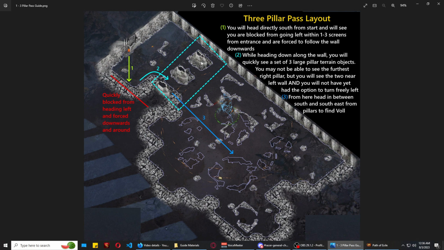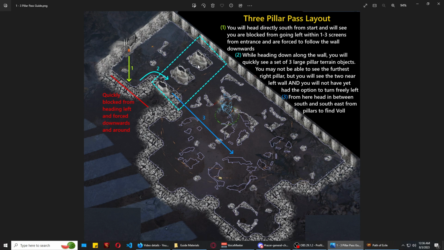You might not see this third one over here to the right, just based on how much of your map is revealed, but you will for sure see these 2 large pillar objects as you pass in between them. Once you can see these early pillars, you know that you're going to be in the 3-pillar pass layout.